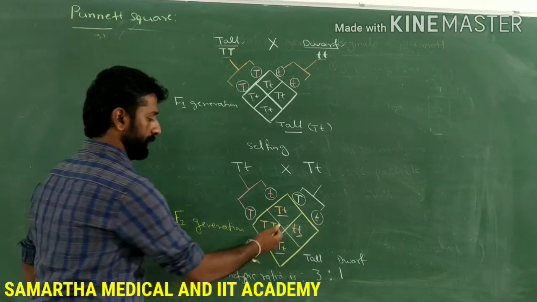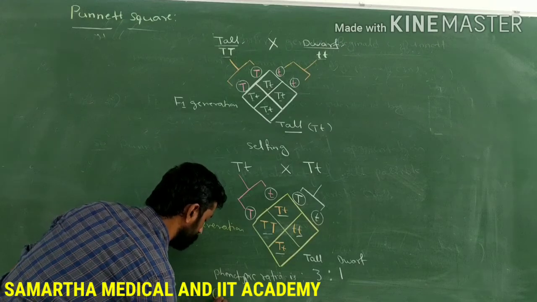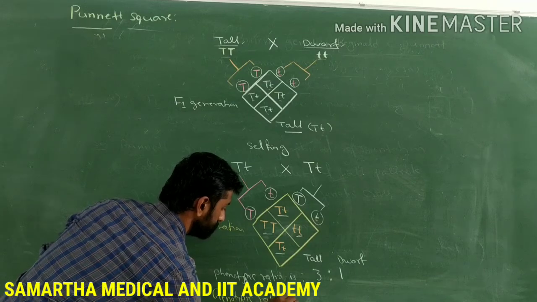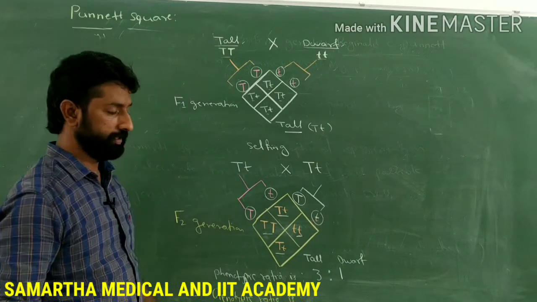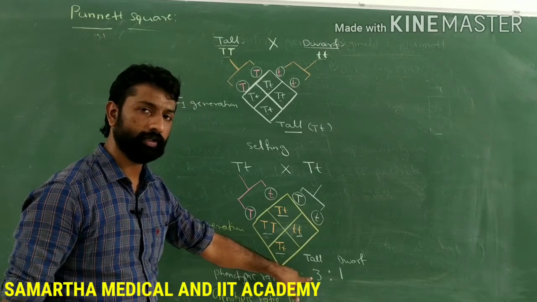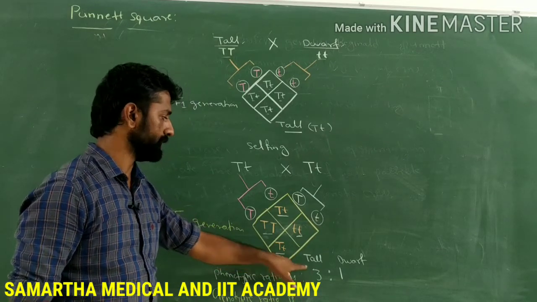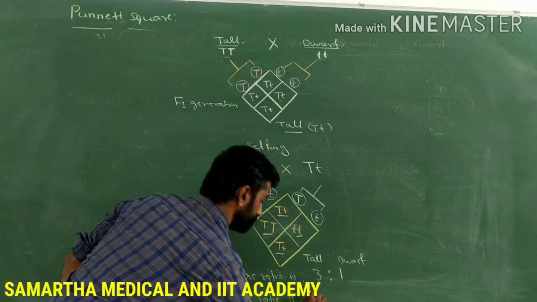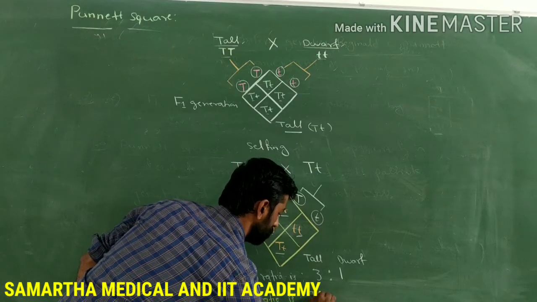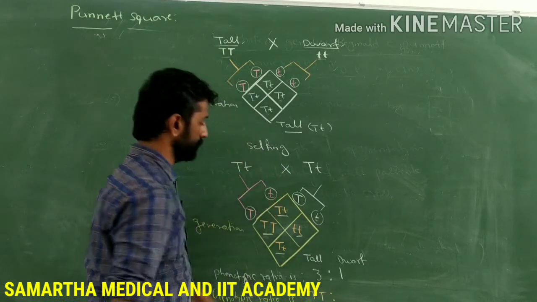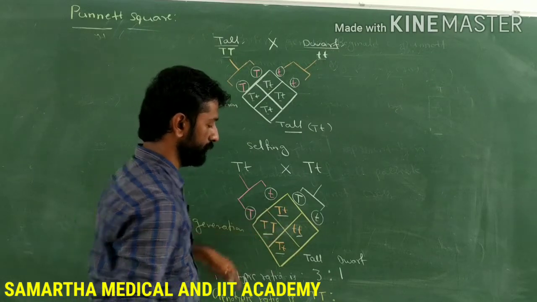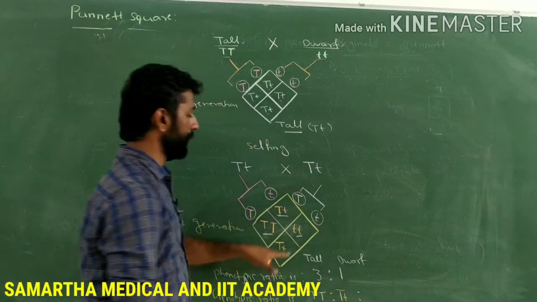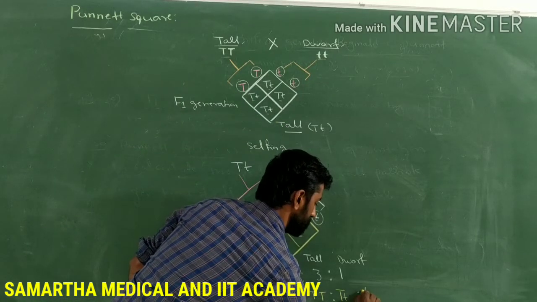Similarly, if you consider the genotypic ratio, see, among these three tall individuals, what is their genotype? 1 is found to be homozygous tall, 2 are found to be heterozygous tall, and 1 is found to be homozygous dwarf.